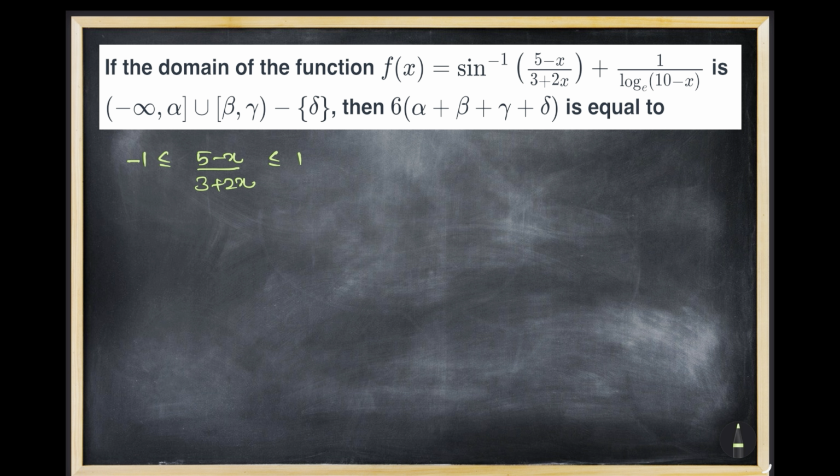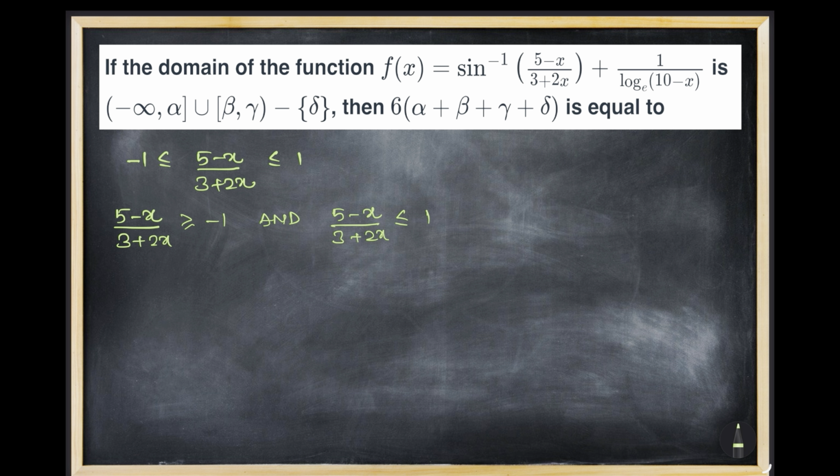Break this inequality into two components: (5 minus x)/(3 plus 2x) greater than or equal to minus 1, and (5 minus x)/(3 plus 2x) smaller than or equal to 1. Now solve each inequality and take the intersection.